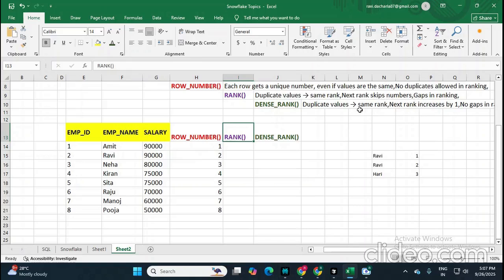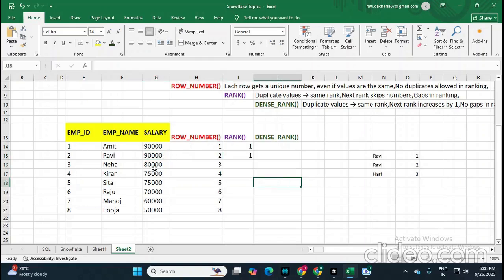Let's see this in a real-time scenario for rank. First, 90,000 is rank 1 as usual. The second also has 90,000, so in rank, the same rank goes to the duplicate values. Here 90,000 is already rank 1, and again we have the duplicate value 90,000, so we assign rank 1 again.